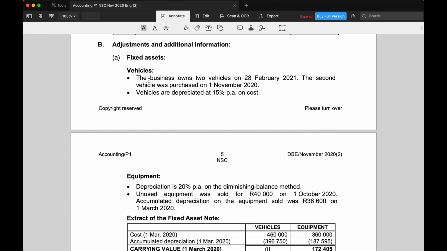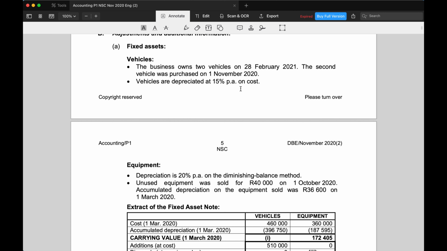Vehicles: the business owns 2 vehicles on 28 Feb 2021. The second vehicle was purchased on 1 November 2020. They don't even tell us the amounts. They are just giving us this information. They know that for you to get an amount, you must rely on the note to the fixed assets, which they told us they did put in.